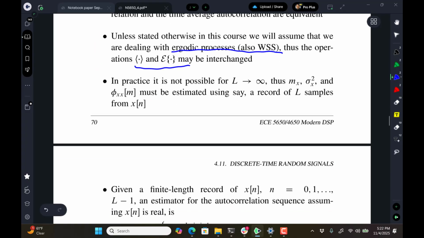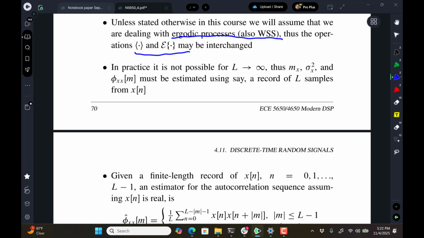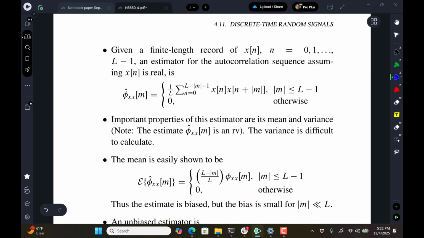And then the only thing we have to fight our way through is the fact that we're not going to be able to let L go to infinity. So what will happen is, if we're going to go after the mean of a random process, its variance, or its autocorrelation function, we're just going to use L samples, and we're going to end up with what's called an estimate.